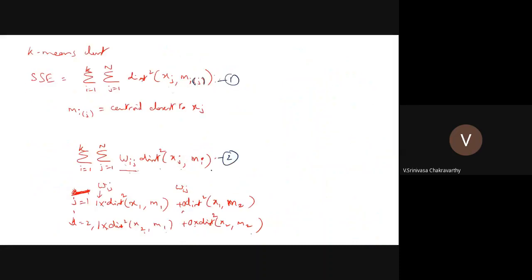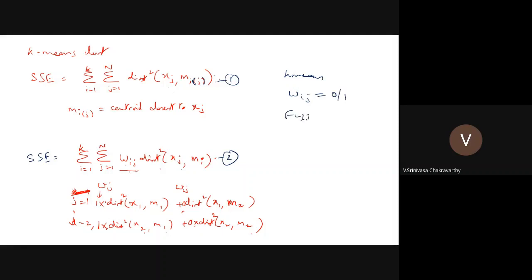So this is the starting point to write down the membership matrix and a new SSC for fuzzy clustering. In k-means, Wij is either 0 or 1.